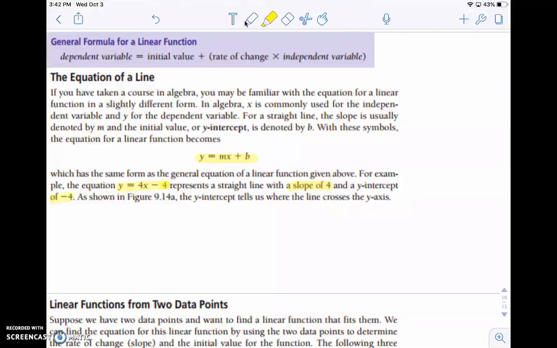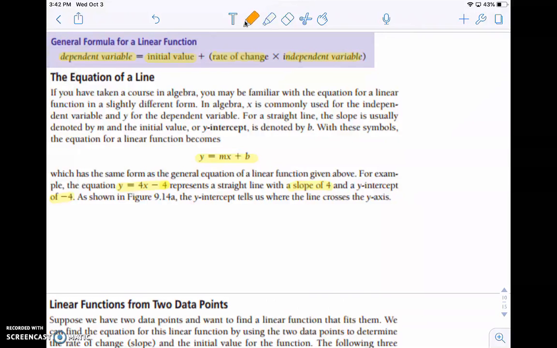Now when we're looking at the general formula for a linear function, it's going to be the same. Our dependent variable, which is usually represented by y, equals our initial value, which is that y-intercept, plus the rate of change times the independent variable.